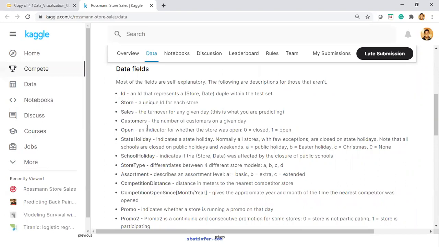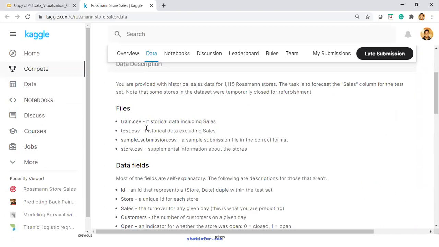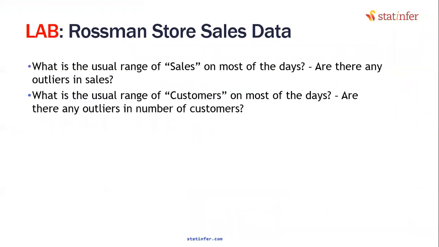What we want to do is create some visualizations so that we can get some idea on this data. Let us go back and see what the problem statement is. My challenge to you is to import this data set. There is a variable called sales, daily sales.